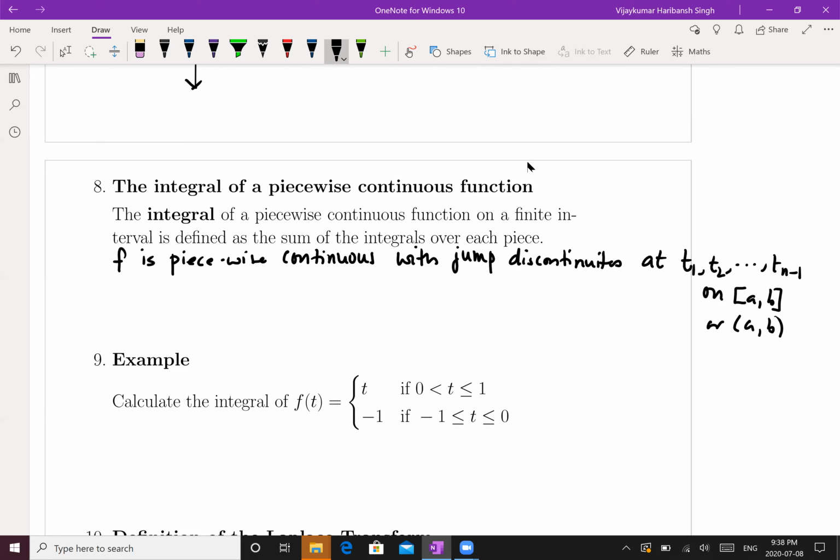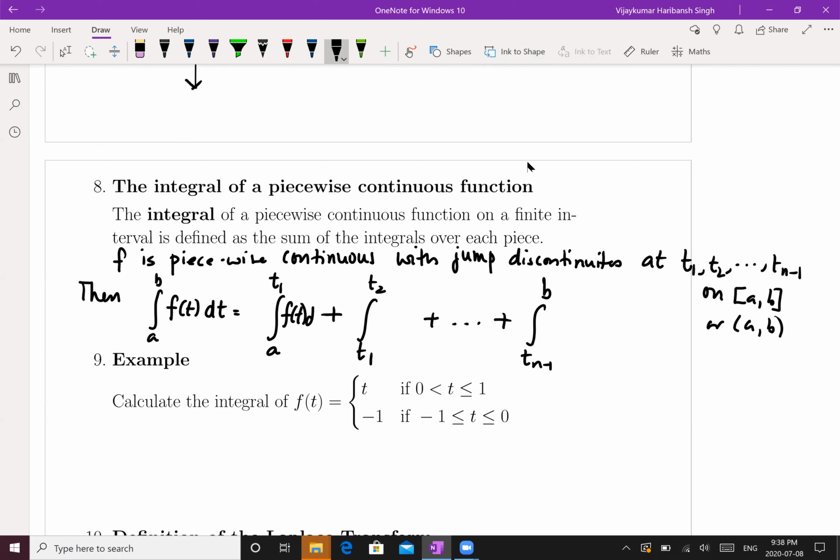Then the integral from a to b of f of t dt is defined to be the integral from a to t1, plus the integral from t1 to t2, and so on, up to the integral from tn minus 1 to b of f of t. So to compute the integral, you can break it into pieces, compute them separately, and then add them up.